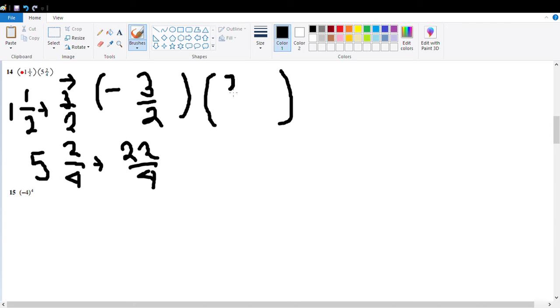So our improper is 22 over 4, and now we're multiplying negative 3 over 2, and we have 22 over 4.